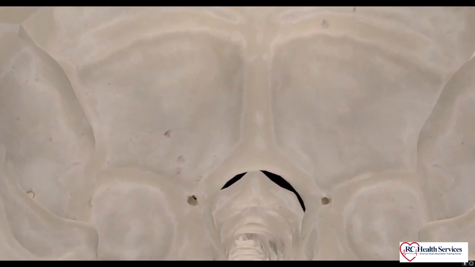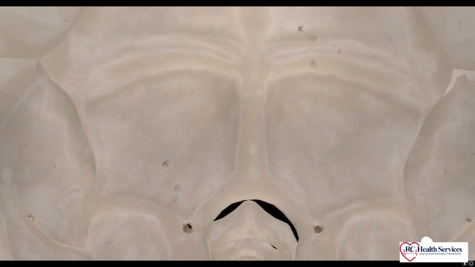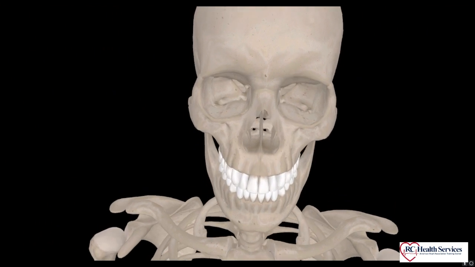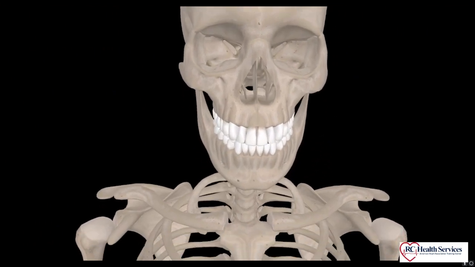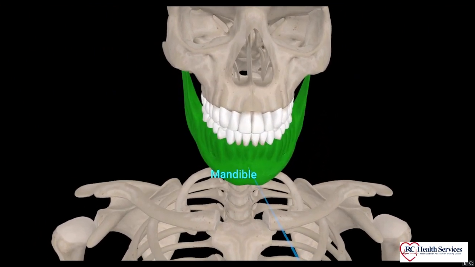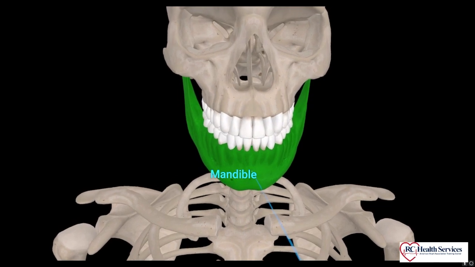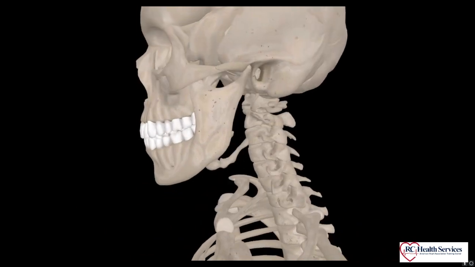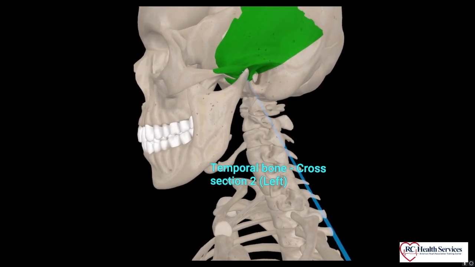If you want to go back to the face, we talked about the upper jaw, but your face also has a lower jaw at the bottom. It's called the mandible. And those two meet at the TMJ joint, right in there.